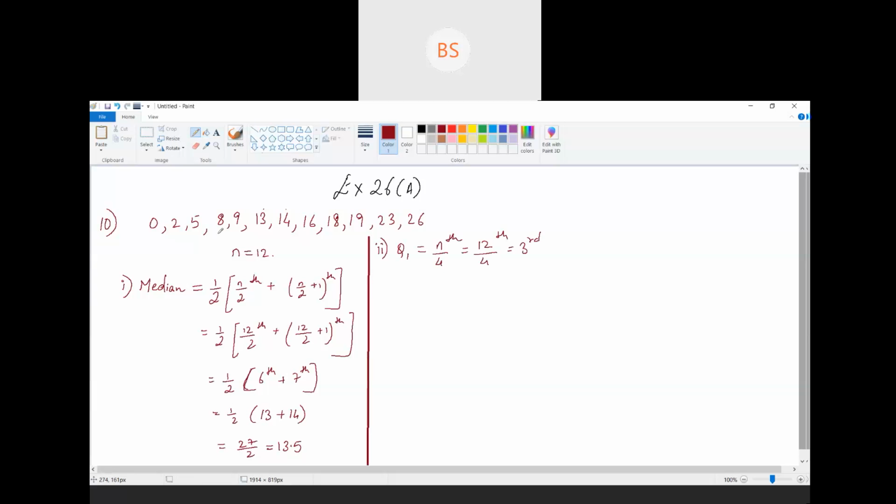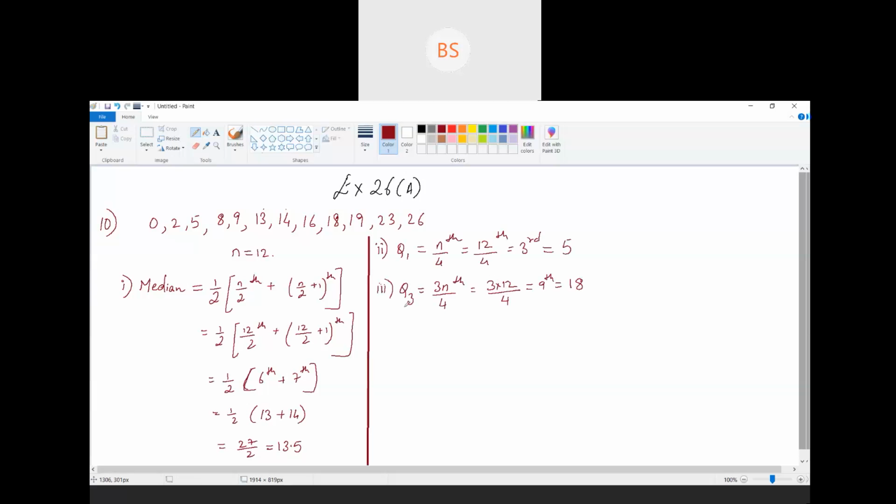So we get lower quartile as 5. Next they have asked us upper quartile, that is Q3. So Q3 is 3n by 4. Yes, so that will be 3 into 12 by 4. That is ninth term. So ninth term is 18.